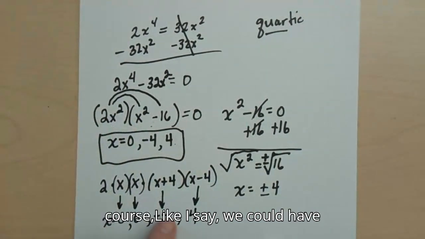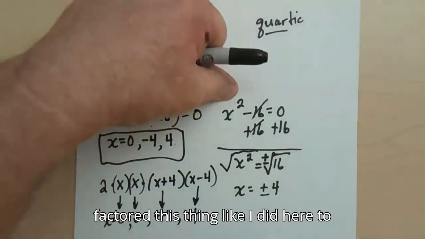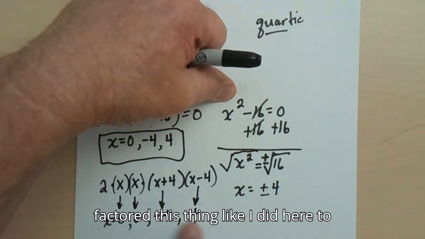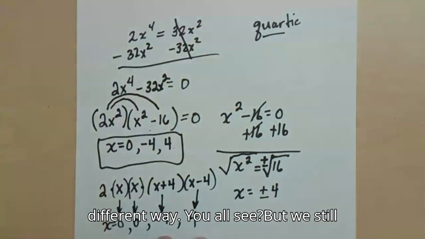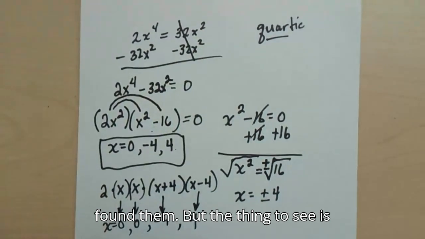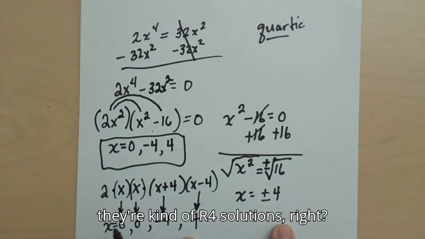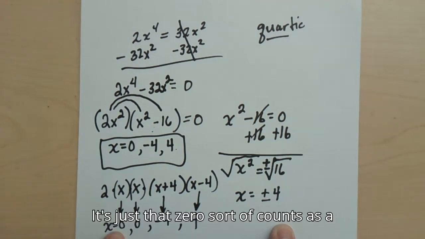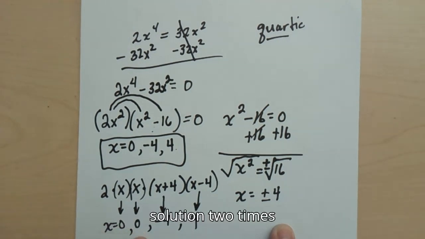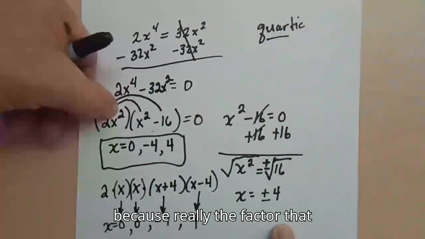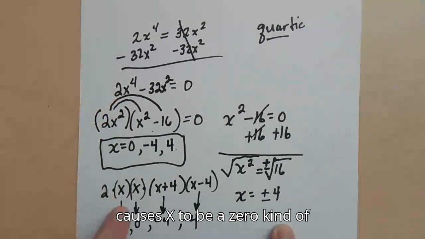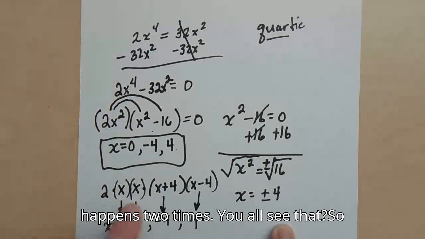And of course, like I say, we could have factored this like I did here to find those 2 numbers. We just did it a different way, y'all see? But we still found them. But the thing to see is there kind of are 4 solutions, right? It's just that 0 sort of counts as a solution 2 times, because the factor that causes x to be 0 happens 2 times.